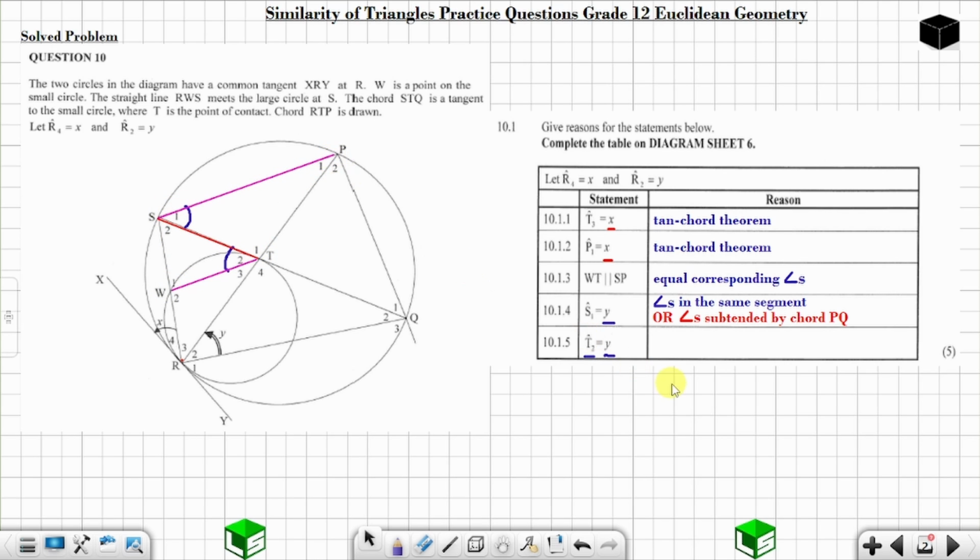So you are going to say alternate angles. You have to mention the two lines that are parallel. So you have line WT parallel to the line SP, so you have alternate angles. Okay, let's move on.